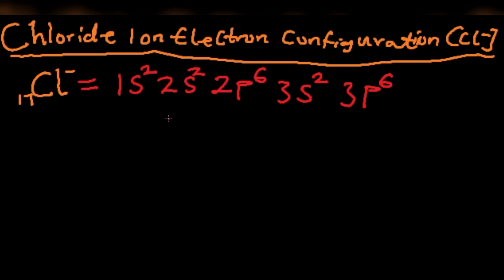So this chlorine atom has accepted an electron, indicated here as the dash, the negative. So we have 18 electrons in there, and this configuration is obeying the octet rule, and it is more stable than the chlorine atom's electron configuration.